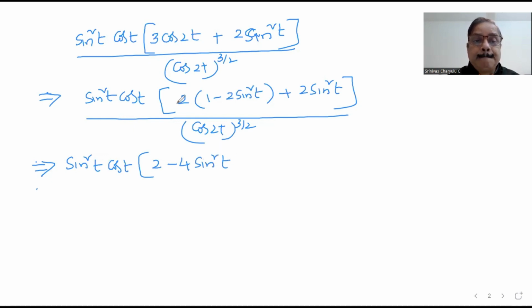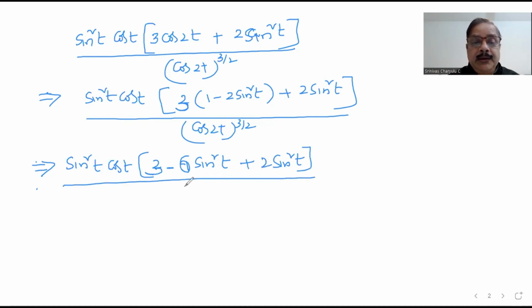Here this is 3 I think. 3 cos 2t, so 3 minus 6 sin square t plus 2 sin square t, whole thing divided by cos 2t whole to the power of 3 by 2.